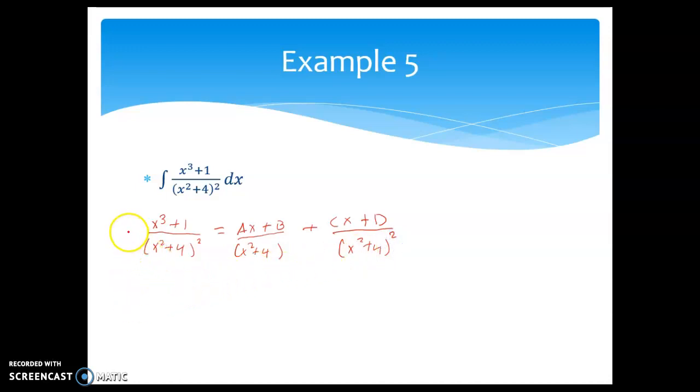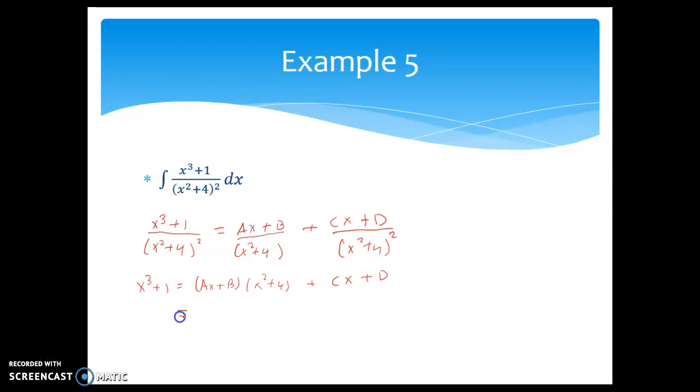We multiply both sides of the equation by this denominator, so then we're going to get x cubed plus 1 equals (ax + b) times (x squared plus 4) plus (cx + d).